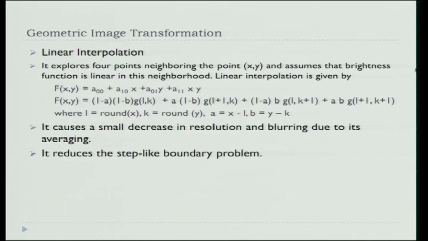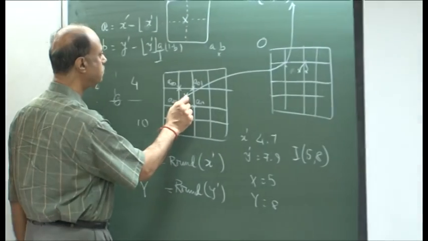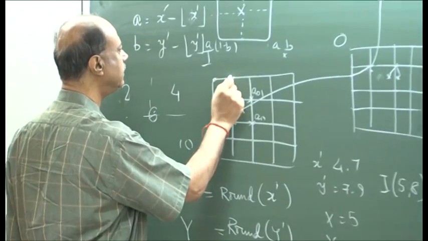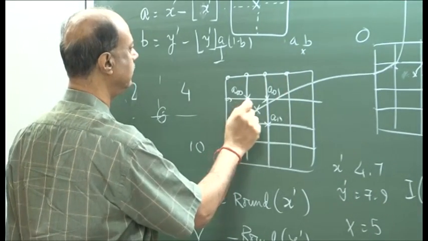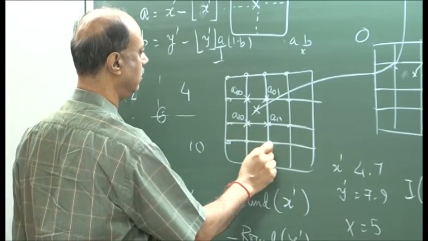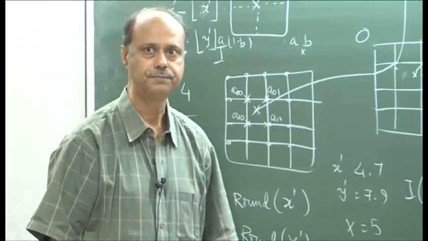So what did I do here? I have taken the four neighboring points to estimate the intensity value at x dash and y dash. Now, what happens in the bicubic technique? For this point, I will be considering these 16 points.